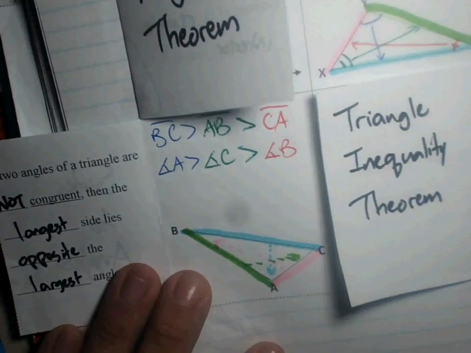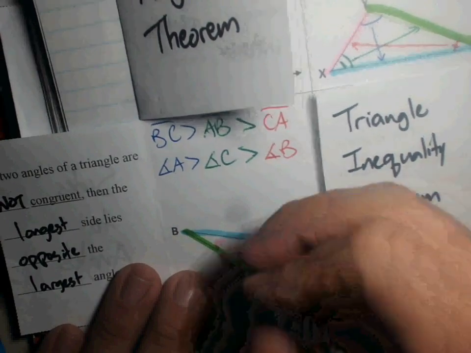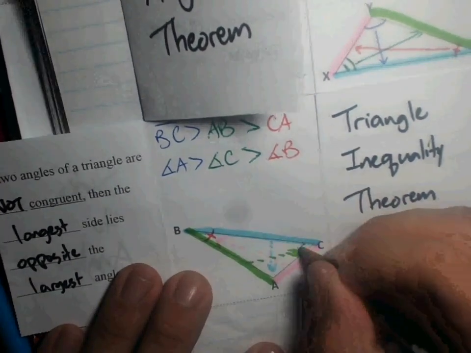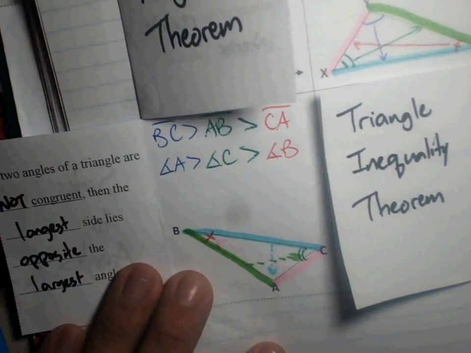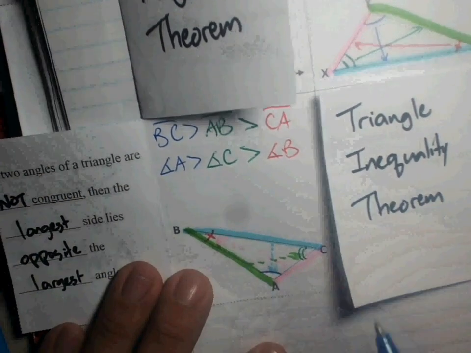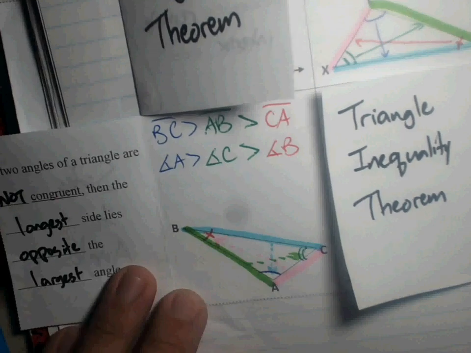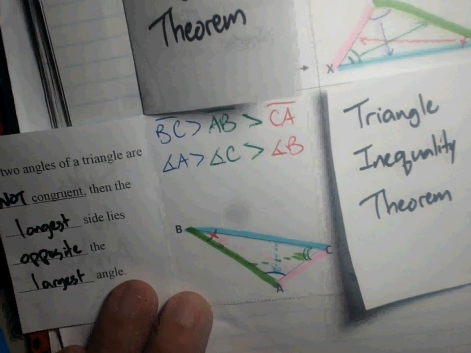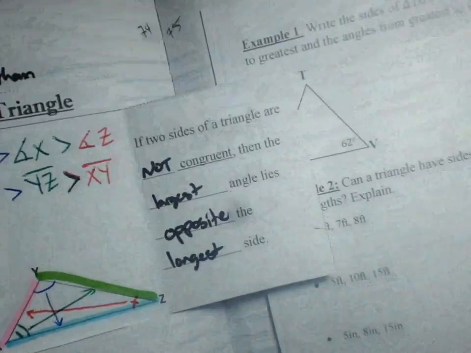Then we mark them: this one's tiny, this one's a little bit bigger, and the largest one would be angle A. It follows the same idea as what we just had before.